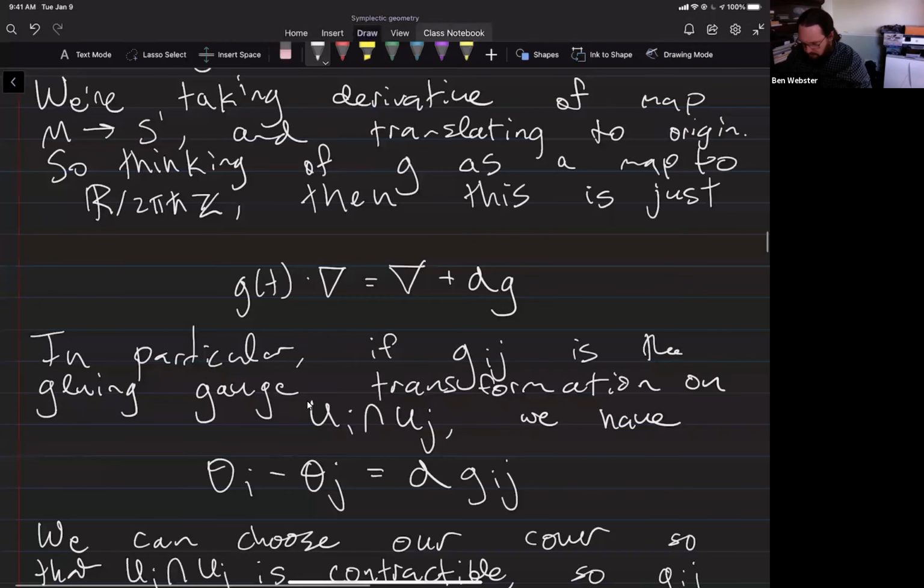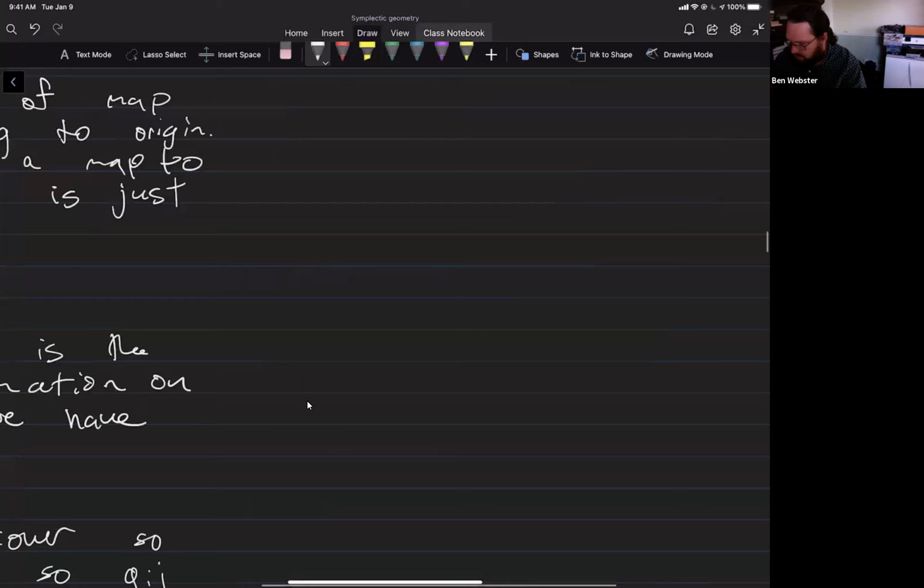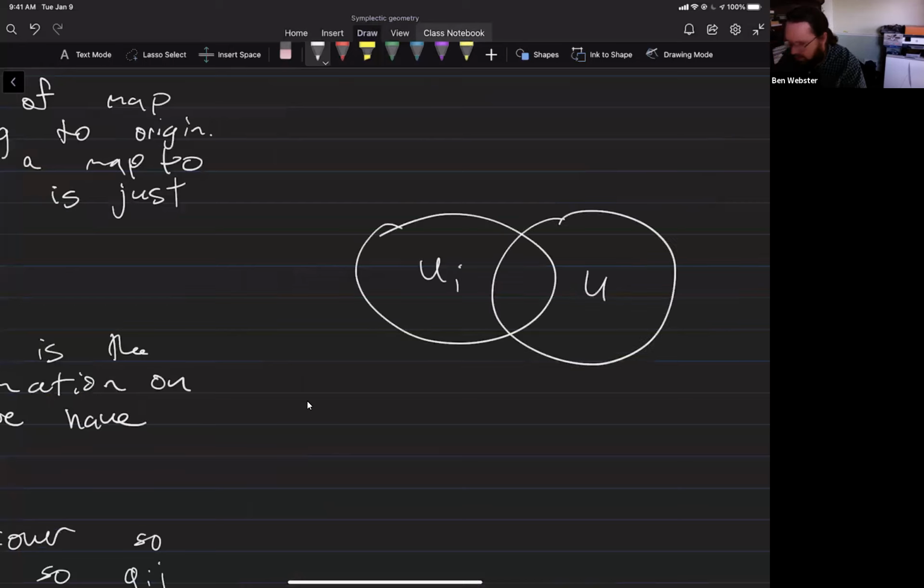So we had our big manifold, we cut it up into smaller pieces, and we trivialized on each of those pieces. Well, that means I have a gluing gauge transformation on the overlap. Let me draw a picture. I've got U_i, here I've got U_j, right? And my S1 bundle over each of these gets trivialized.